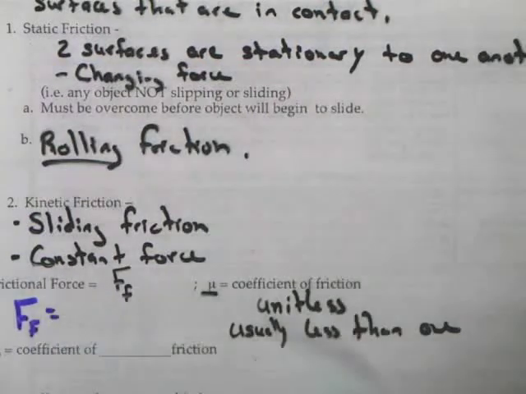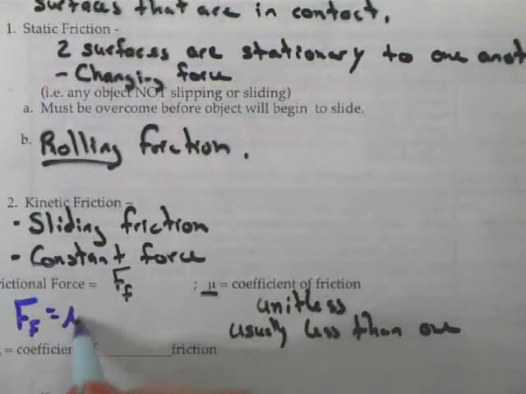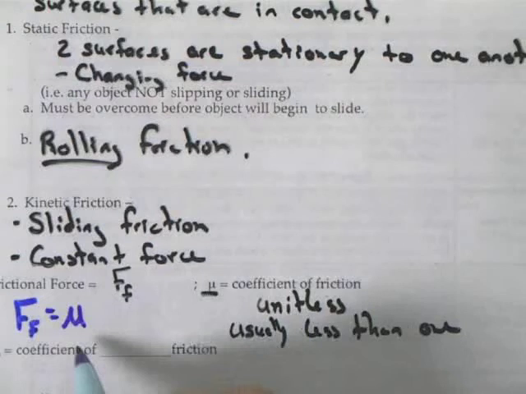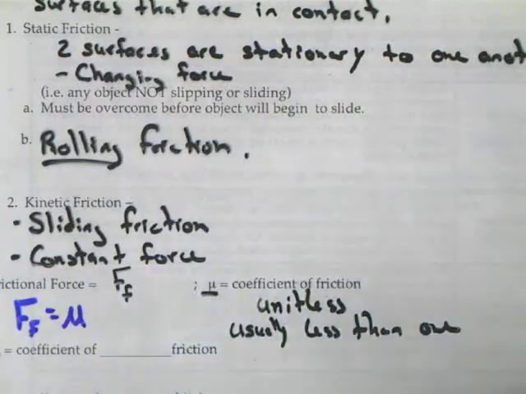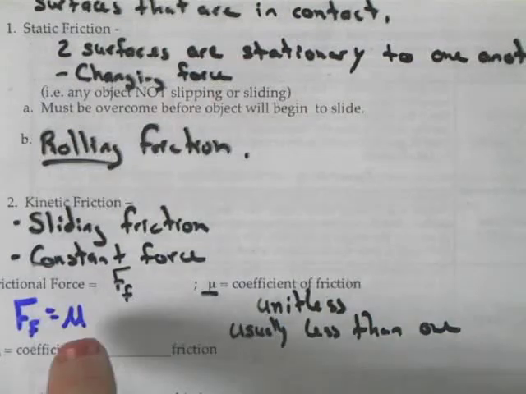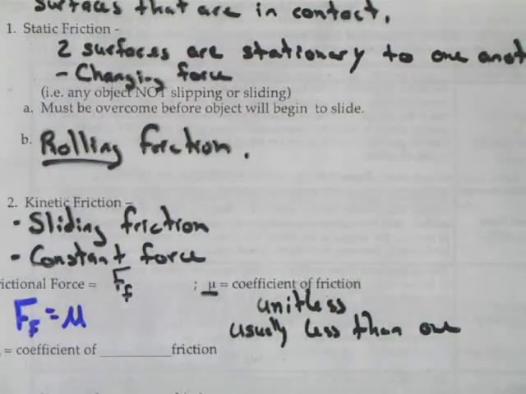The force of friction, F sub f, is equal to the coefficient of friction times something else. Well, the coefficient is one variable that affects the amount of friction. So the rougher a surface is, the larger this coefficient will be. What's the other variable? Some of you were pulling your sleds with the mass in it.